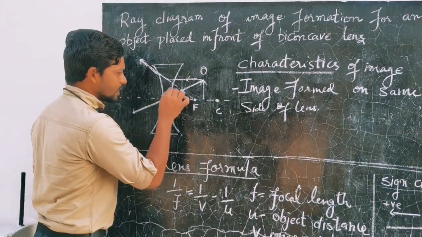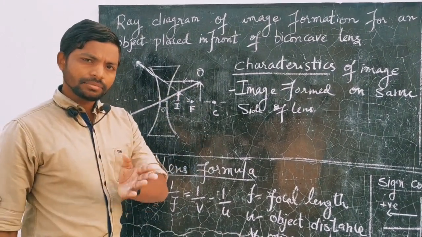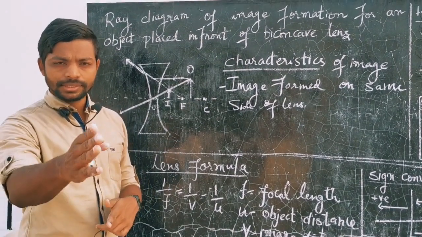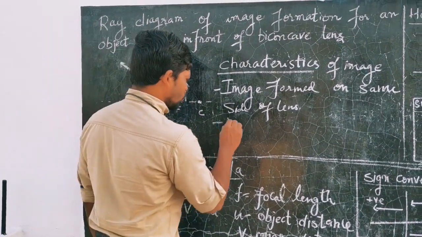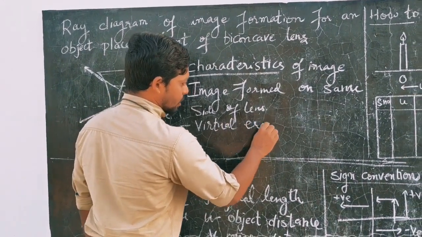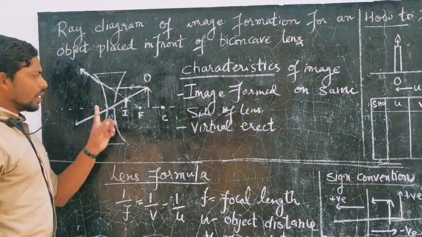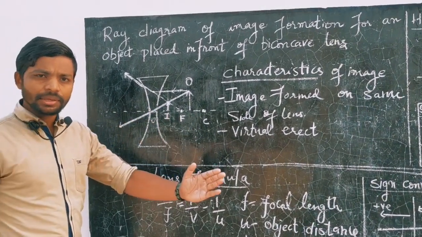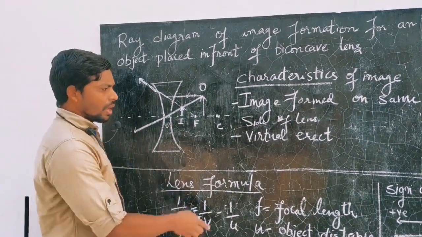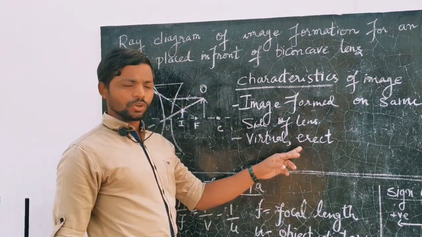And look at this, is it erect or inverted? If it is erect, then what kind of image is that? Yes, it's virtual. So it is virtual, erect. We know that whenever refracted rays really meet, it is a real image. Whenever they are extended to meet, then it is a virtual image. And if it is virtual, it must be erect also.